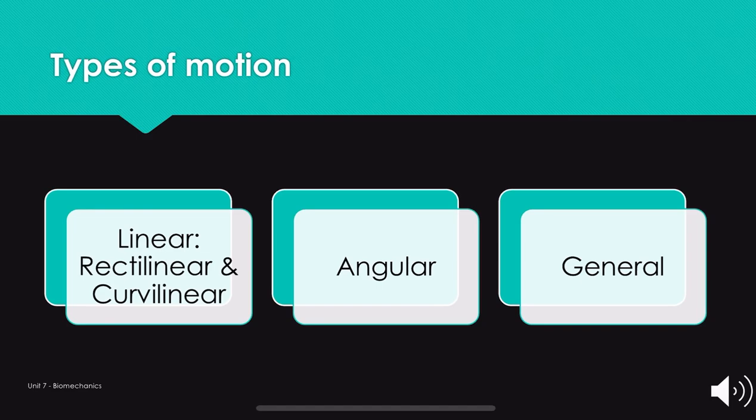Types of motion. So there are 3 categories of motion: general, angular, and linear, which are used to explain the different movements of both sports, athletes, and equipment. Linear motion, also known as true motion, can be divided into rectilinear and curvilinear.